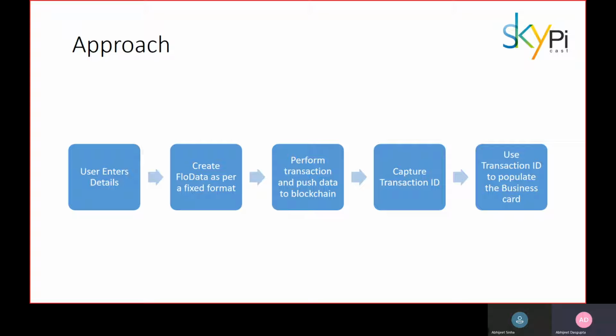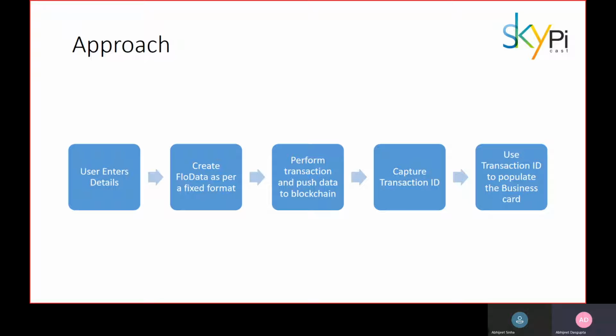Once we have that, we will be using that flow data retrieved from the blockchain, and we will follow the format that we created in the second step and split the data based on the separators that we have and get the data back from the blockchain.